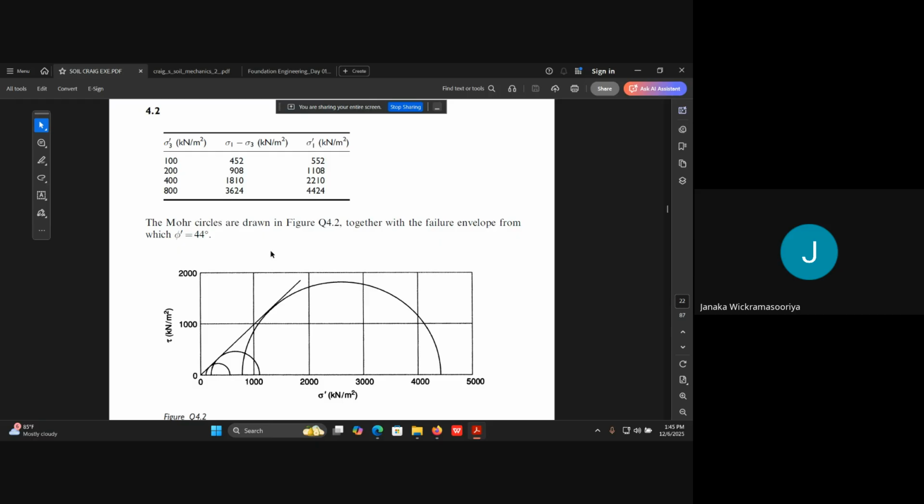Then we will see how you can draw these circles, because now you have sigma 3 values and sigma 1 values, right? So now we will see how you can draw more circles.